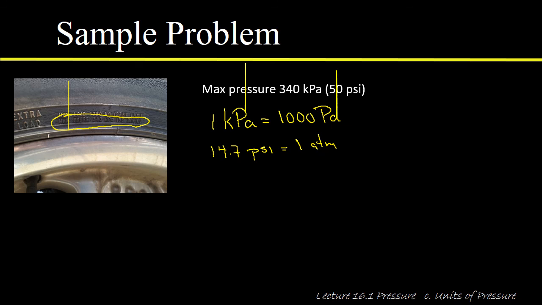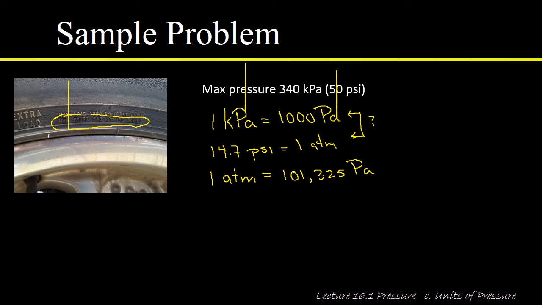But in order to complete this, we also have to somehow get from pascals to atmospheres. So we need one more relationship. And with that, we should remember that 1 atmosphere is 101,325 pascal. Okay. All right, and if we know those things, now we can put this together and do the math and see what we get.